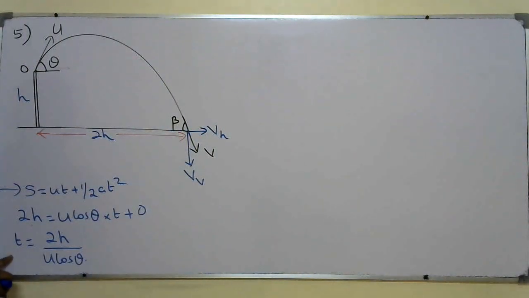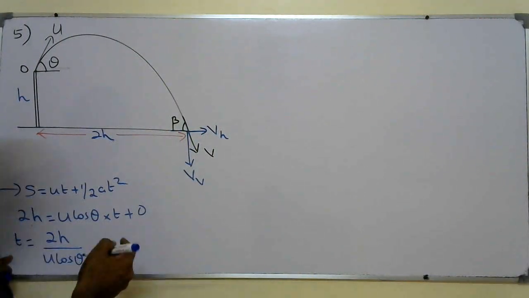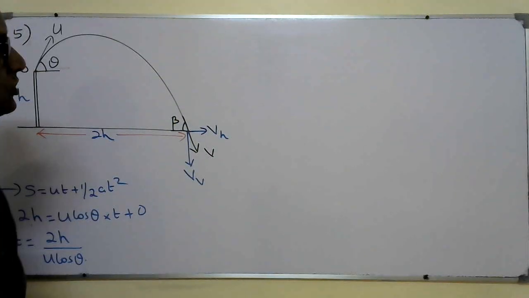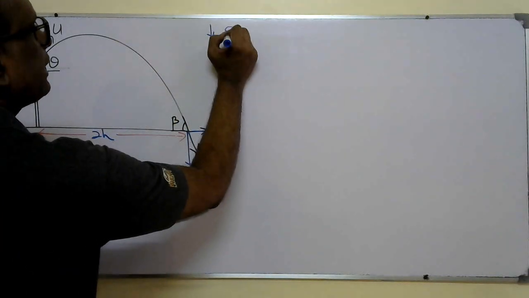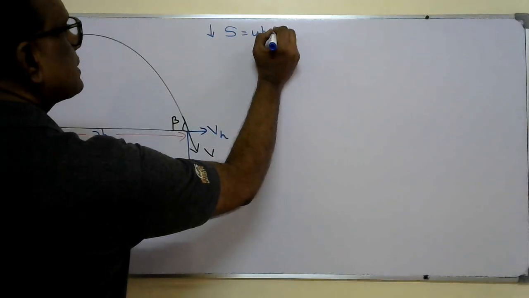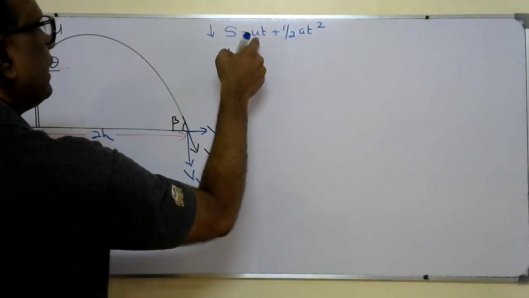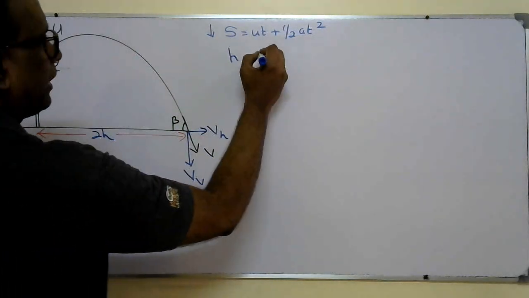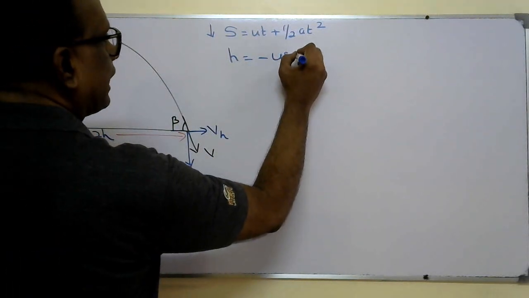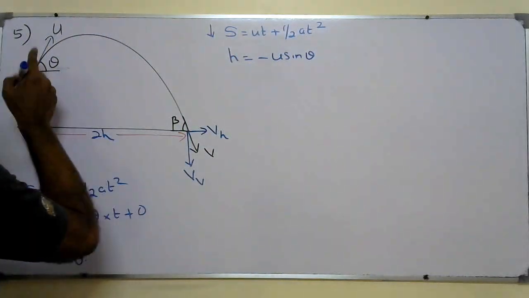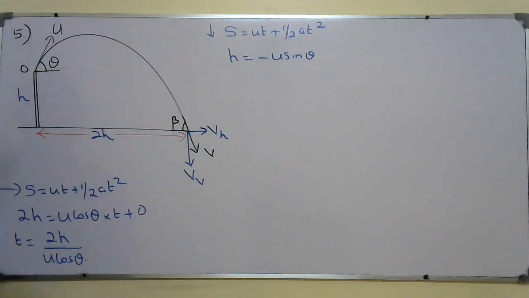Now when we consider the vertical displacement, that's given as h, so we use it. Vertically, the motion is s equal to ut plus half at squared. If I consider downward direction positive, then h equals the initial velocity vertically upward, so minus u sine theta, times t. Minus comes because the initial velocity is upward and I am taking downward positive.